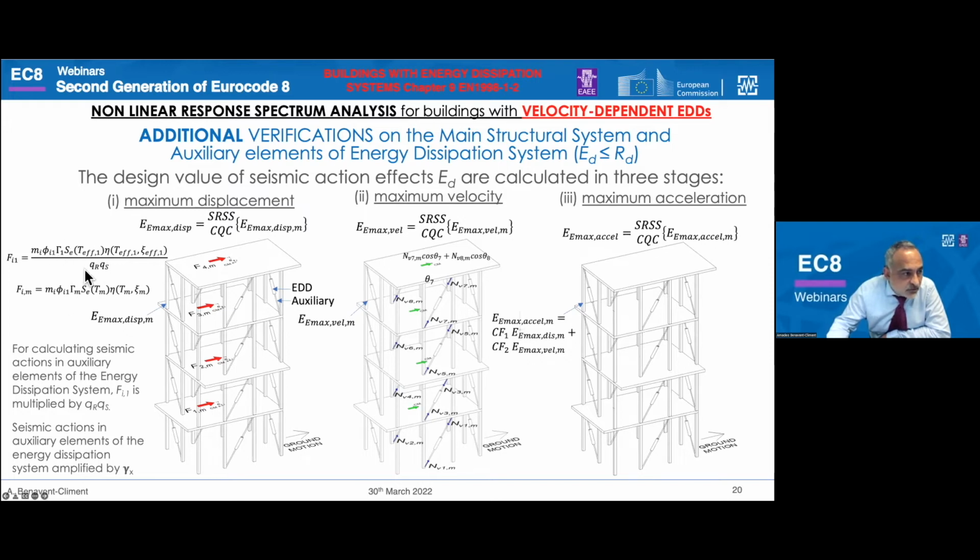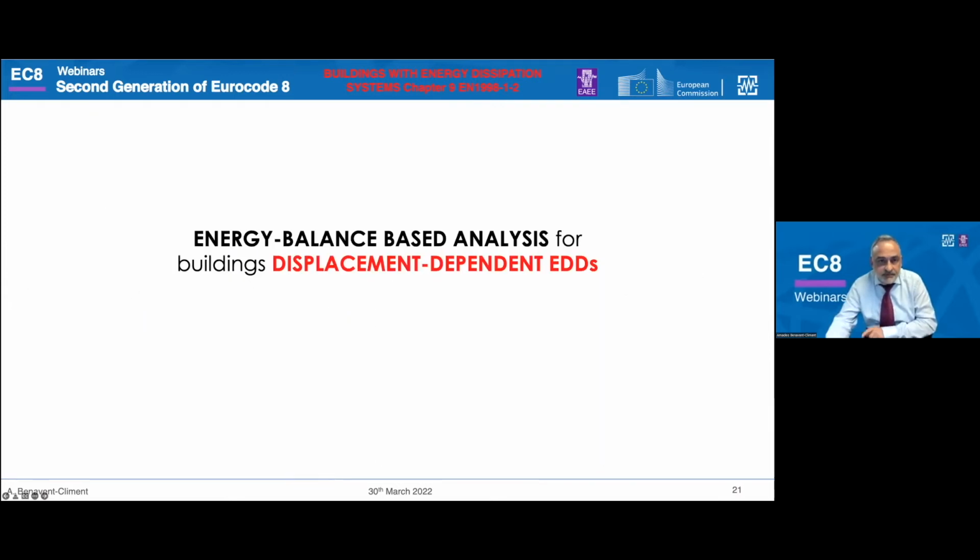I am not going to enter in detail due to time constraints. And with this analysis, we obtain the value of ED for each member of the main structural system, and also for each member of the auxiliary energy dissipation system.